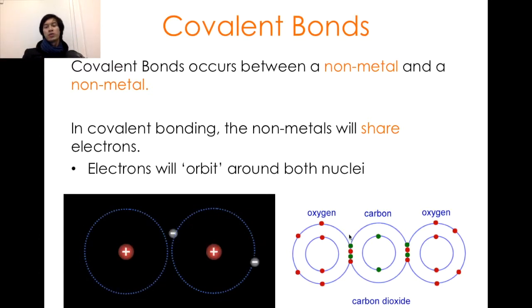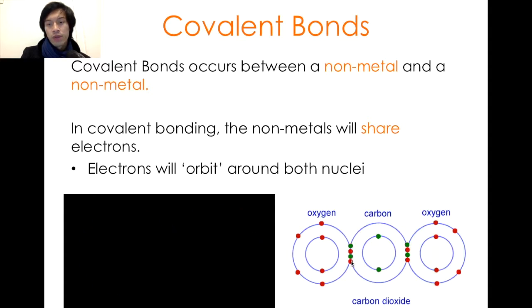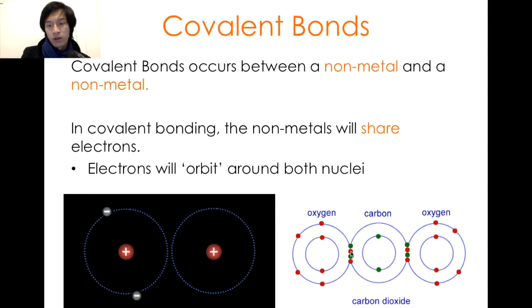And then what's going to happen is, because oxygen only needs 2 and carbon needs 4, carbon's going to bond with 2 oxygen atoms to become stable, and these 4 electrons here belong to oxygen and will only orbit around oxygen. But these last 2 right here, they actually belong to oxygen and they belong to carbon.